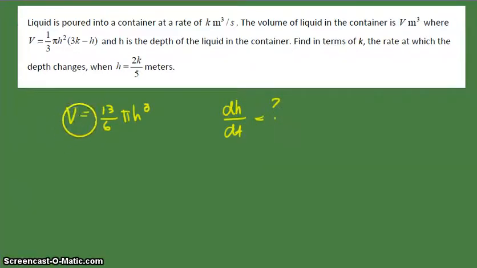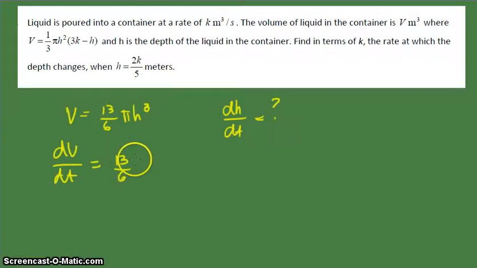Now, since we have V in terms of h, we differentiate this function, so dV with respect to time. Again, this is with respect to time, not with respect to h. So by the power rule, you multiply 13 over 6 pi by 3.